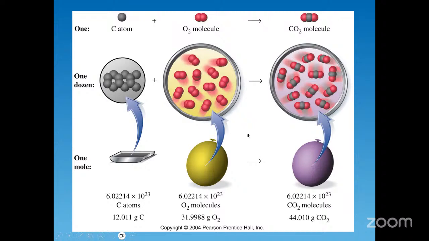But before we leave this, one other thing I want to point out is that this here illustrates, again, the conservation of mass law, right? If you remember, the conservation of mass law says that in a chemical reaction, matter is not created nor destroyed. And one can see that clearly in this example, because if you take the total mass of the reactants here, the 12.011 plus the 31.9988, if you add them together, you see that it's equal to the 44.010 grams of the carbon dioxide on the other side.